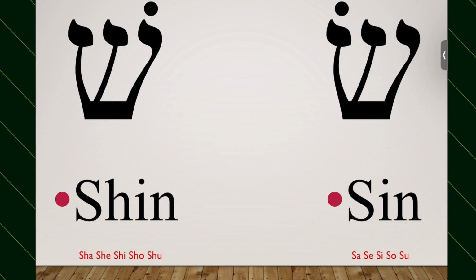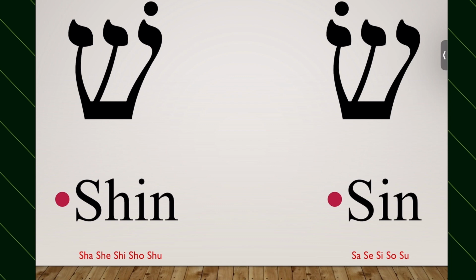Okay? Now we have shin. Shin has two versions, but not with a dagesh. We have the small dot at the top. If the dot is on the right side, we have shin, and then the sounds will be sha, she, shi, sho, shu.